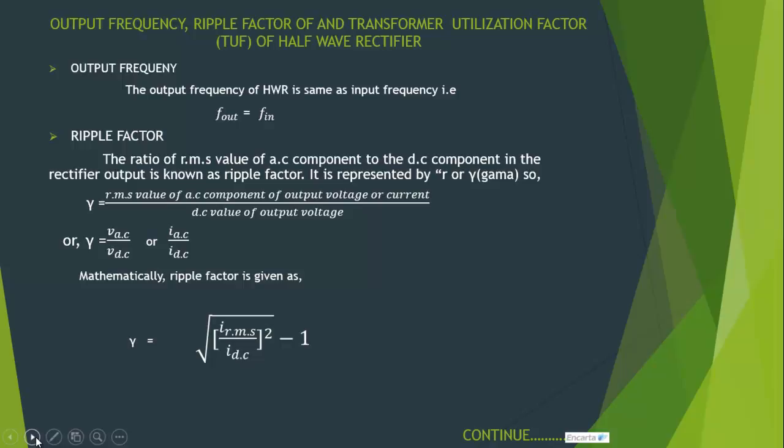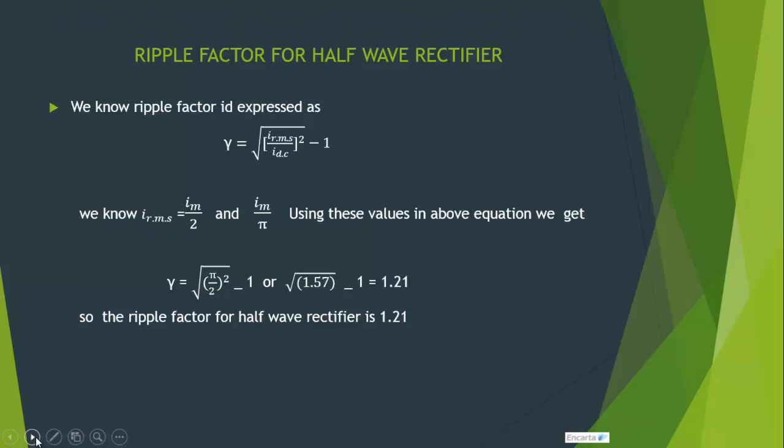For solving for this ripple factor, the expression becomes gamma is equal to root of (IRMS by IDC) whole square minus 1. This is the general expression for ripple factor. So now we can calculate the ripple factor of half wave rectifier.